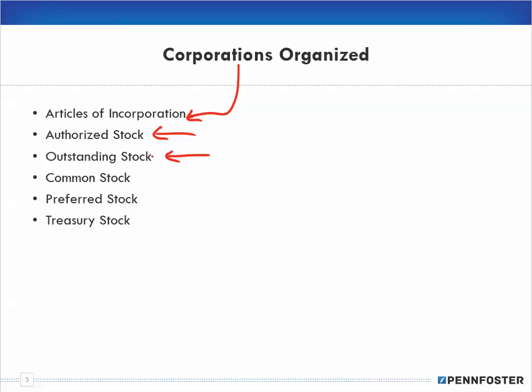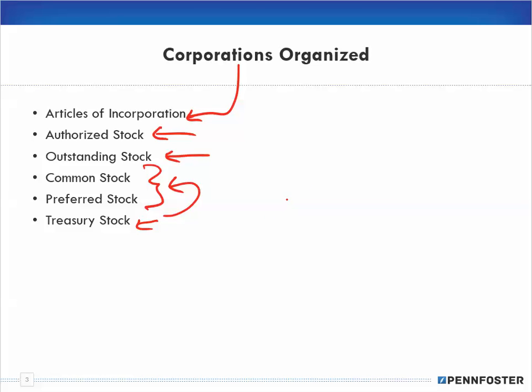Now, those shares that are outstanding are broken down into common stock and preferred stock, two different classes of stock, which I'll talk about in the next videos. And then if a company decides that they want to buy back some of that stock off of these shareholders, okay, the shares that they buy back become treasury stock.